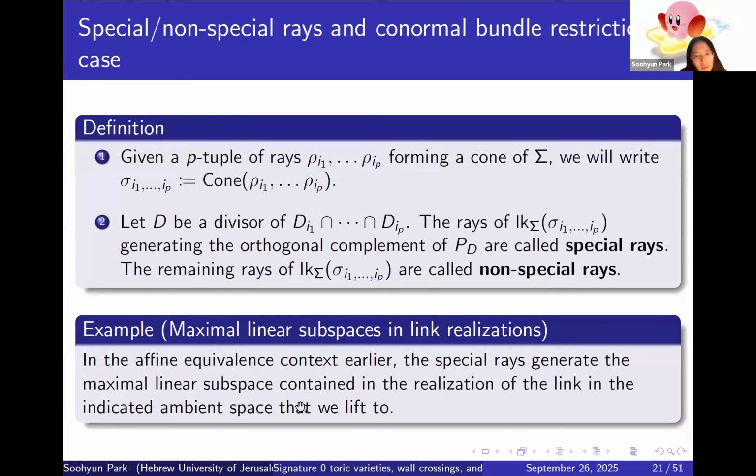And going back to our discussion about maximal linear subspaces, they're going to be generated by the special rays. But as a warning, unless this maximal linear subspace is one-dimensional, it doesn't necessarily mean that the antipodal point itself is also a ray. It simply means that it also lies in the support.